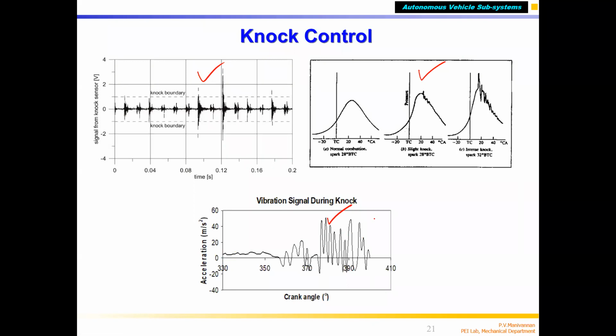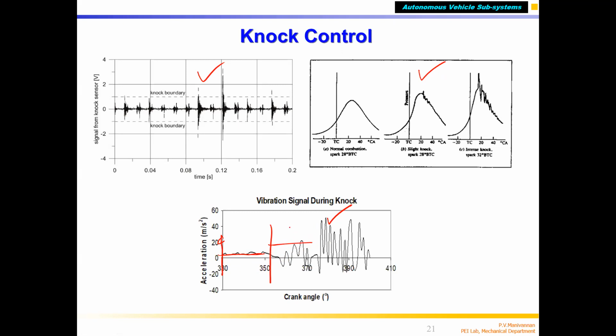If there is no knocking, this washer type sensor provides a very small signal, because the vibration sensor measures acceleration. But if slight knocking is there, you can see a small amplitude compared to this. Y-axis is amplitude. Here no knocking, maybe a little bit, normal combustion, and here you have knocking.